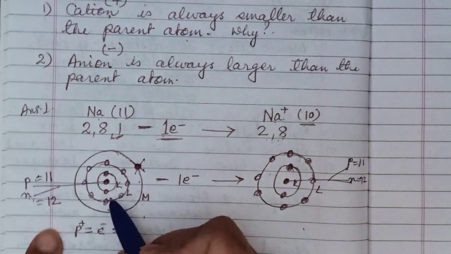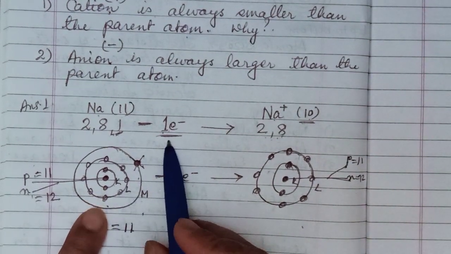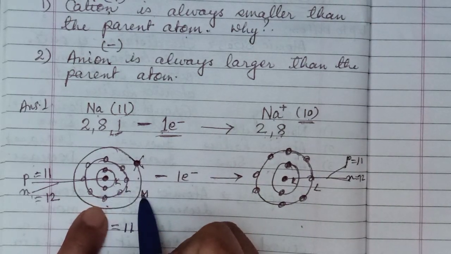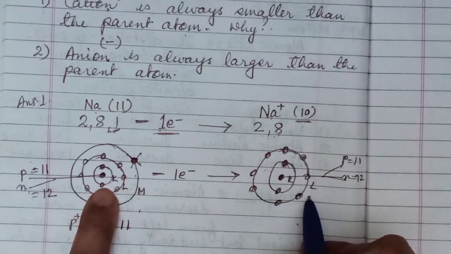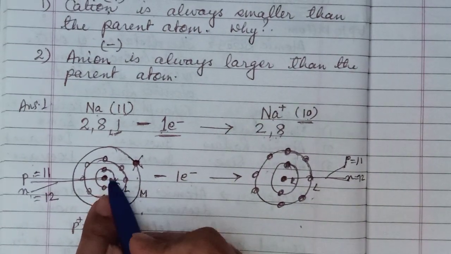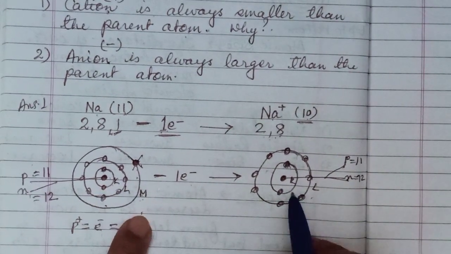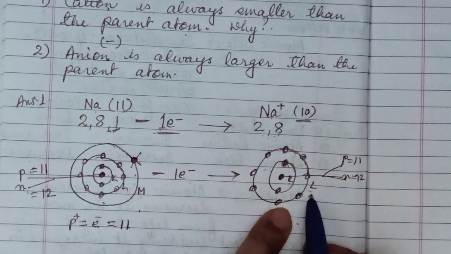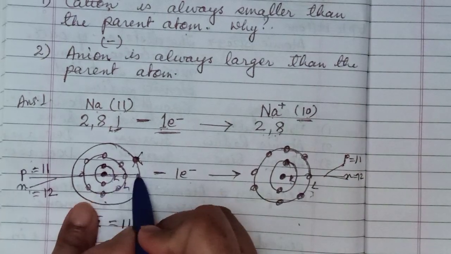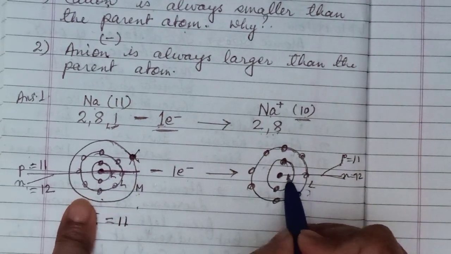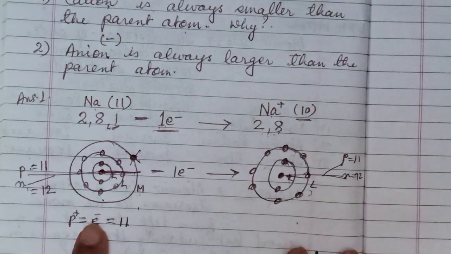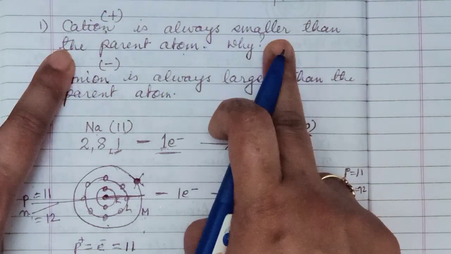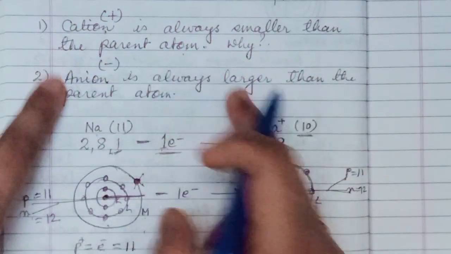So see here, when we remove one electron from the parent atom, the number of shells decreases. Here the number of shells is 3, K, L, M. Here one shell has been removed. See, K and L only. So the radius of the atom is decreased, and due to this reason you can say a cation is always smaller than the parent atom.